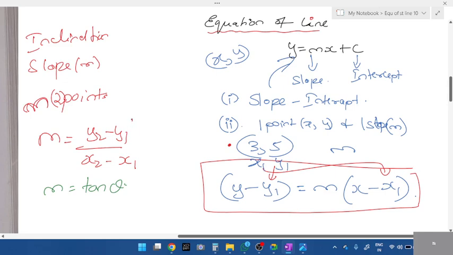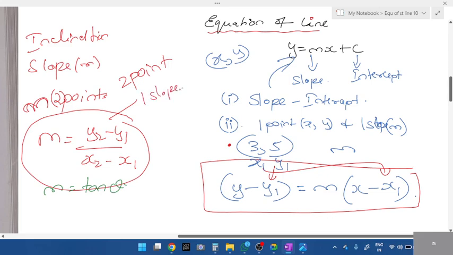Two points and one slope is this one. Slope is also known as gradient. So to find the equation, we use a different formula, and to find the slope, we use a different formula. Don't get confused with those formulas.